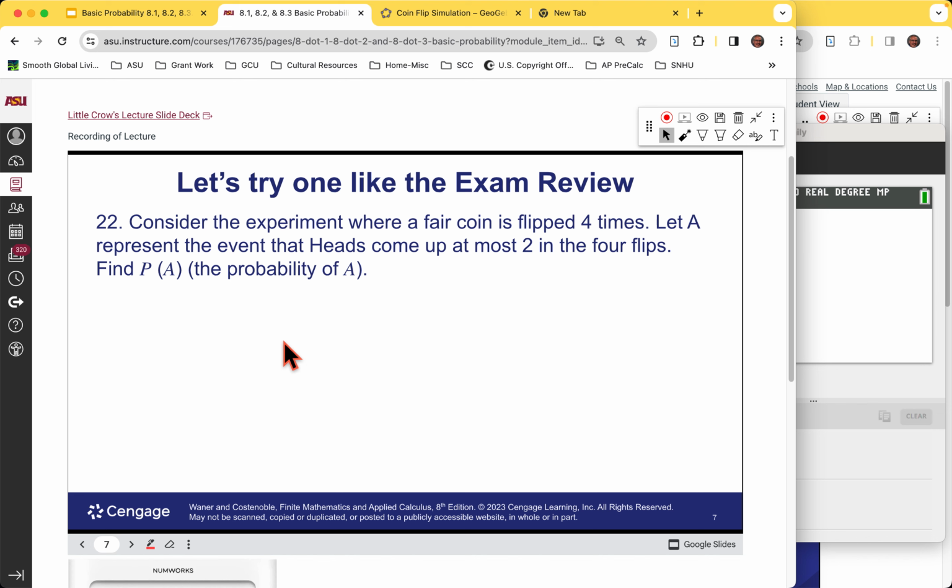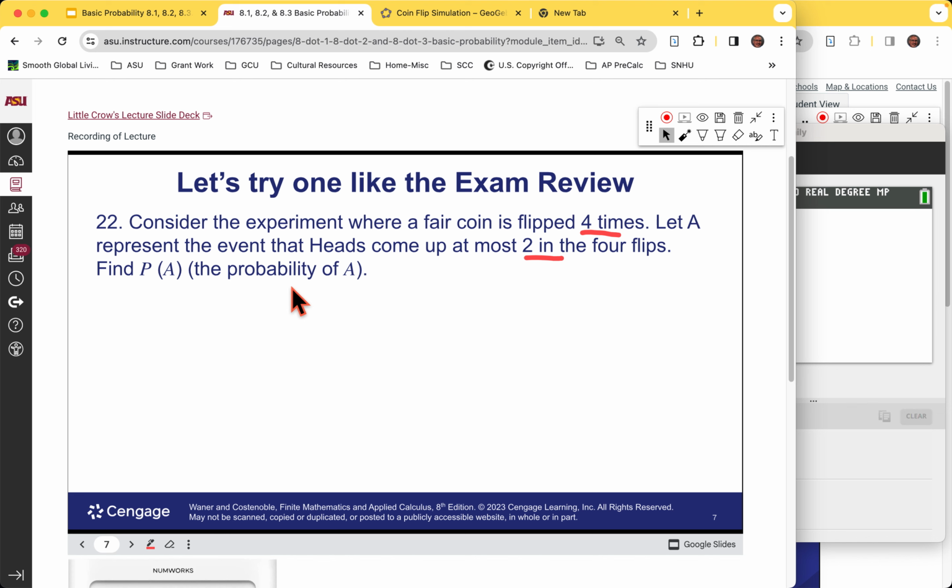Math scientists, all they do is flip coins, roll dice, pull marbles out of bags. That's our experimenting. A coin is flipped 4 times, so that's the experiment. Let A represent the event that heads comes up at most 2 in the 4 flips. Find the probability of that event.